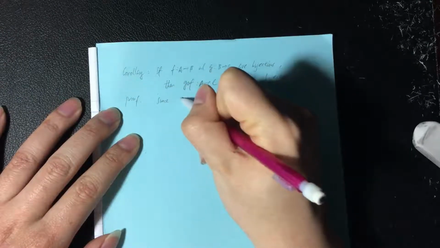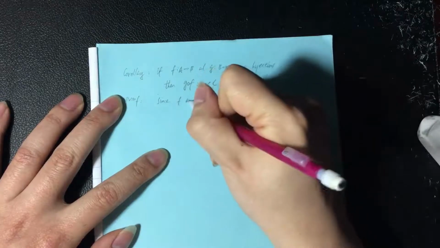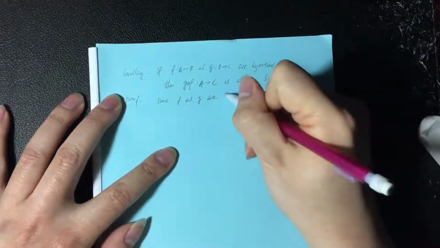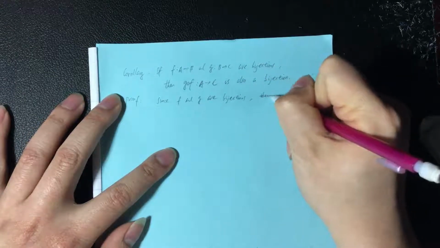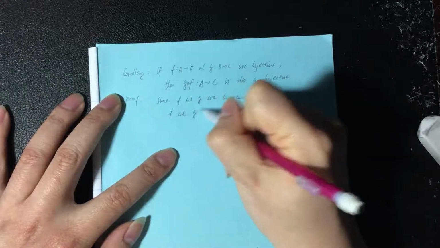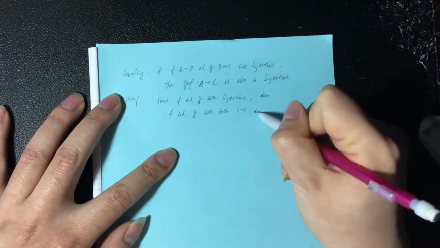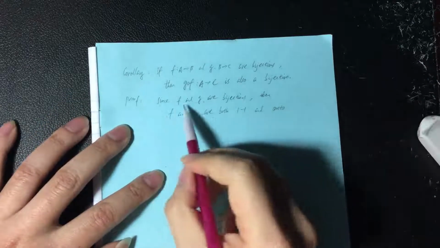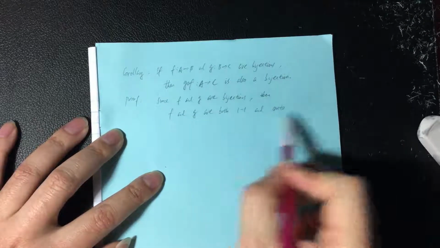Since f and g are bijections, then f and g are both one-to-one and onto.